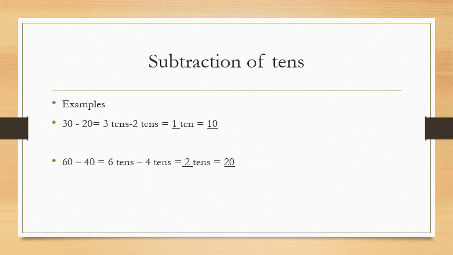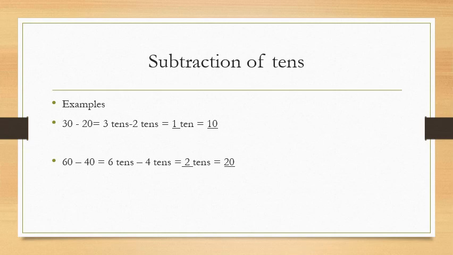Now children, let's move on to the next topic. Subtraction of tens. Children, let us understand this topic with some examples. Look at the first example. Here you have to subtract 20 from 30.